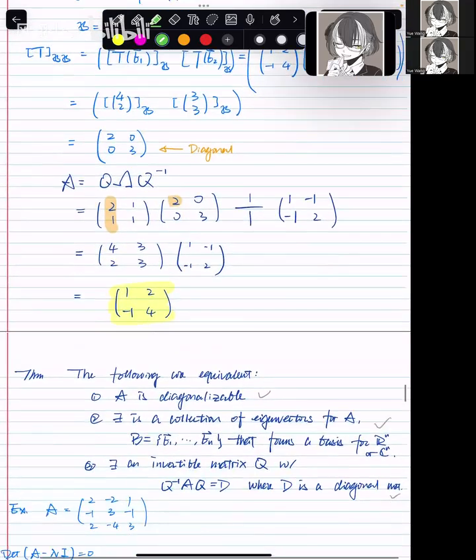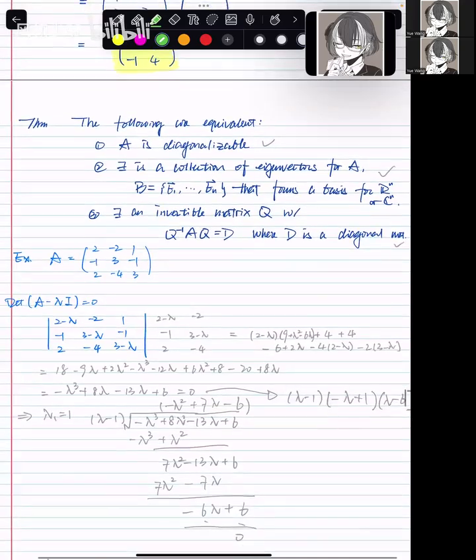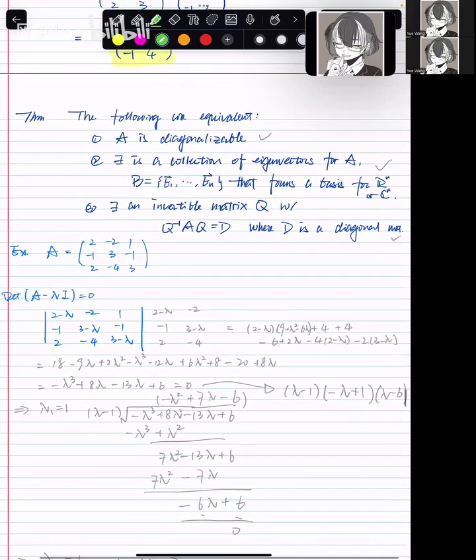All right, so then our next theorem. We say the following 3 statements are equivalent. That means whenever we know one of them, we know the other 2. The first one is A is diagonalizable.